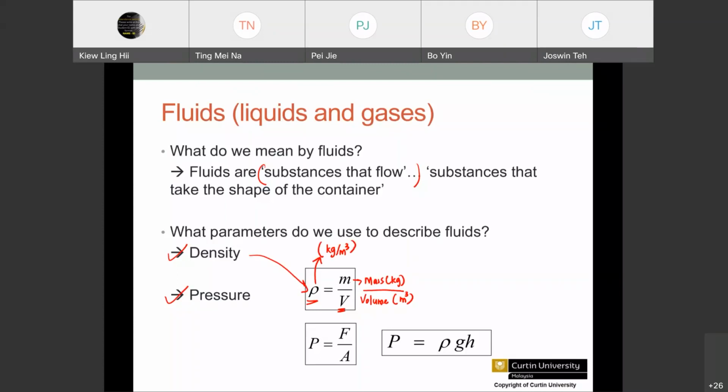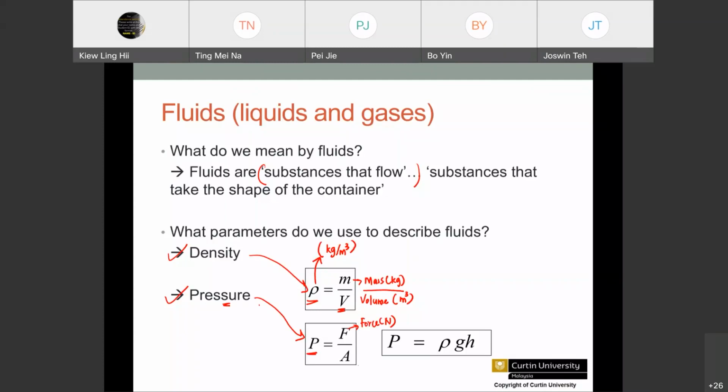The second parameter, which is pressure, given by symbol capital letter P, calculated by dividing force with area. F stands for force in the unit of Newton.